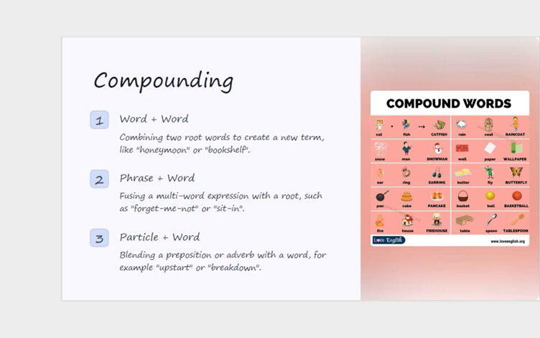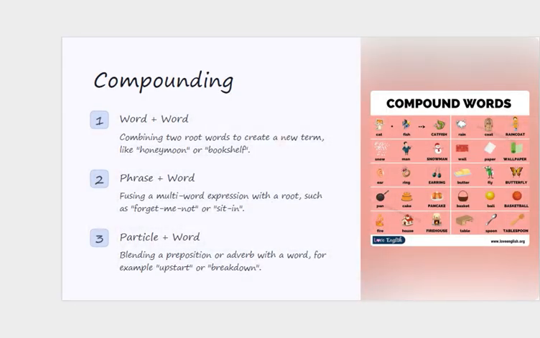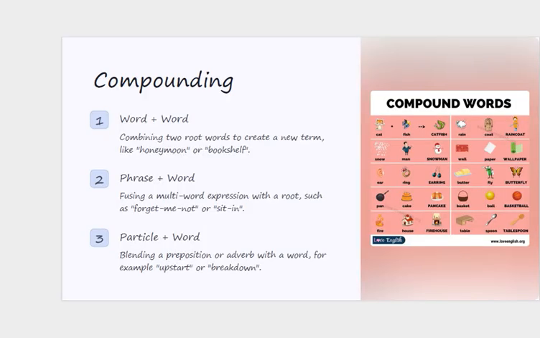Compounds are the newly formed words, which are different from these individual words, like basket and ball, similarly book and shelf, key and board. But when you make new words from them, they have a different meaning. For example, keyboard is something different from key and board individually.